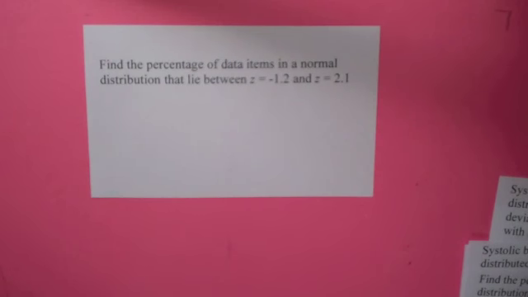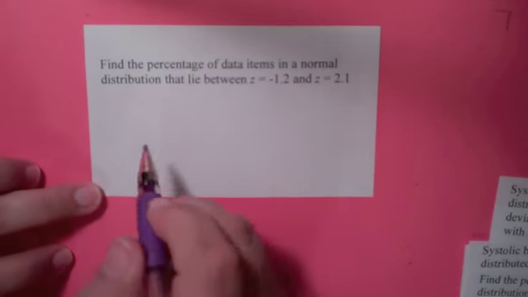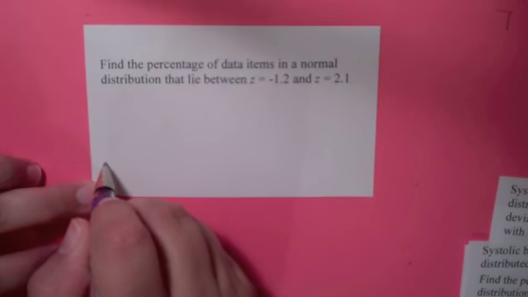Find the percentage of data items in a normal distribution that lie between z equals -1.2 and 2.1. So again, draw myself a picture.